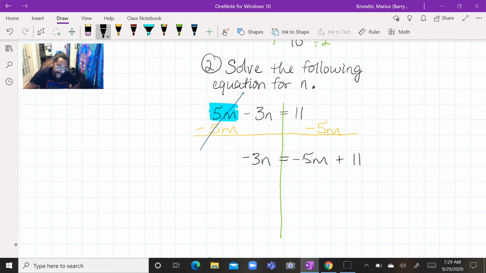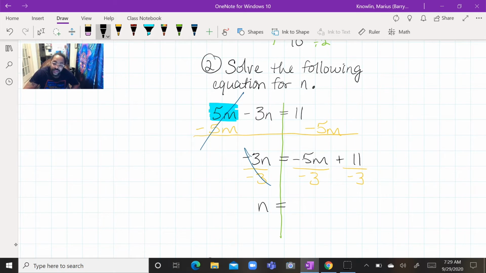Now, the last step that I want to do is divide everything by negative 3, because I want to get the n by itself. So I divide everything by negative 3. The negative 3's cancel out, and you're left with n equals. Now, I'm going to write this two different ways.